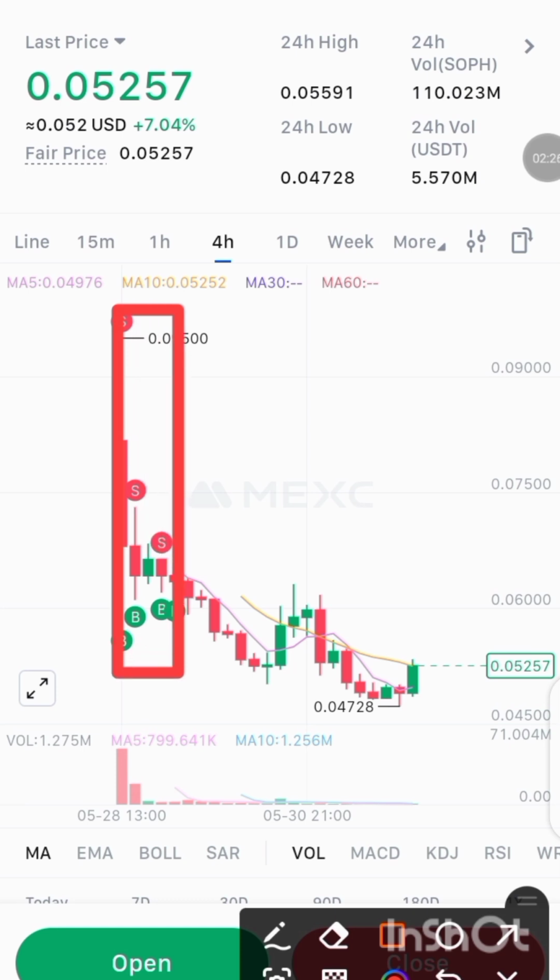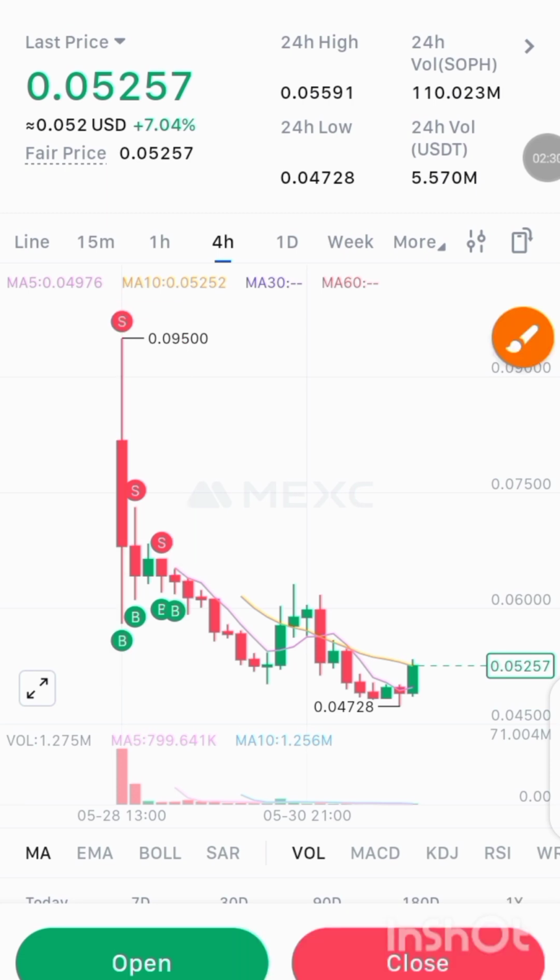In spot, it was a very long bullish candlestick. Are you getting it? But in future perpetual, it was a long bearish candlestick. So how do we take advantage of this strategy to make money? What is the difference here?